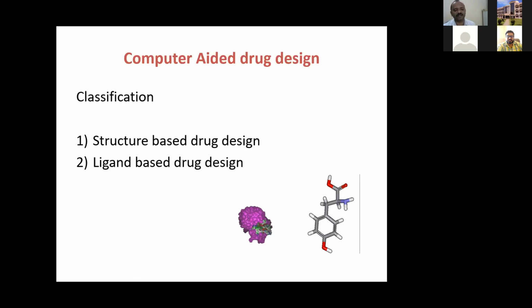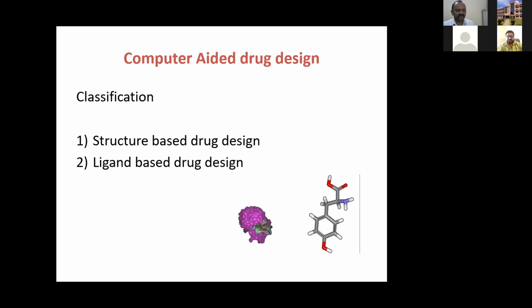In that case, we use ligand-based drug design. It is just like if you have lost the key, and you go to the key maker, who comes with a bunch of keys, and with those bunch of keys he tries to design one key that can fit into that particular lock. Okay, so it is just like that.